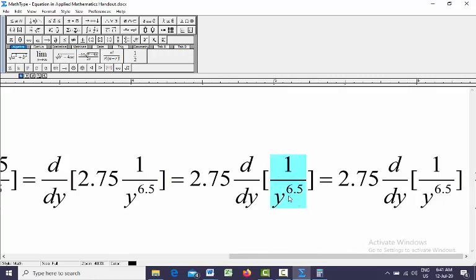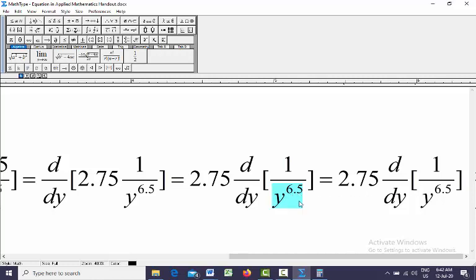As I said before, whenever you see that the variable is in the denominator, to do differentiation, you need to bring this one up. When you bring this up, the exponent or the power with the variable will become negative.